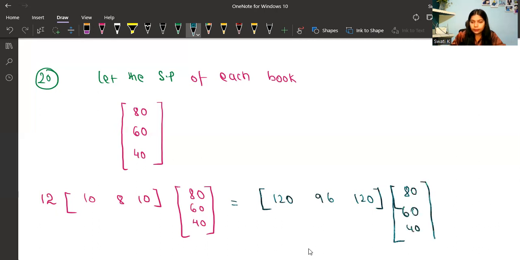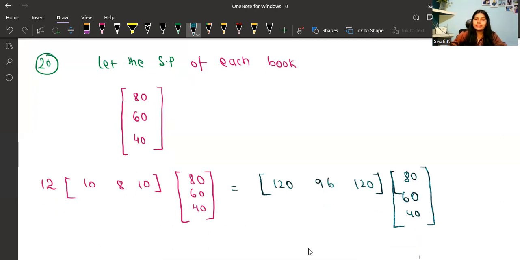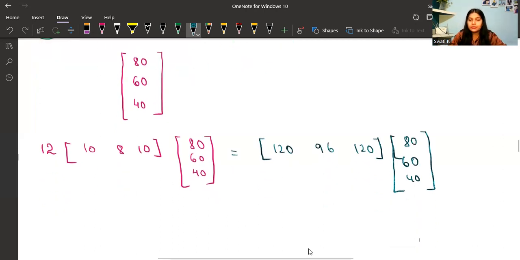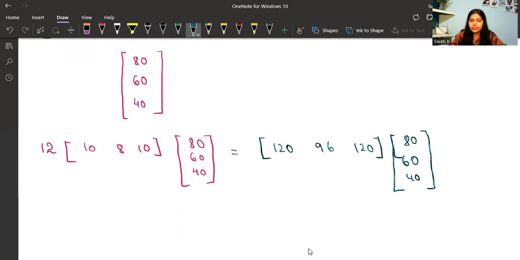If you simplify, it is 120 times 80, so I know that 12 times 8 is 96, so it is 9600, plus 96 times 60. I just need to find 96 times 6, which is 576, and then 0 as well, so 5760. Plus 120 times 40, this is simple, it is 48 and then double 0, so 4800. So this is the total.